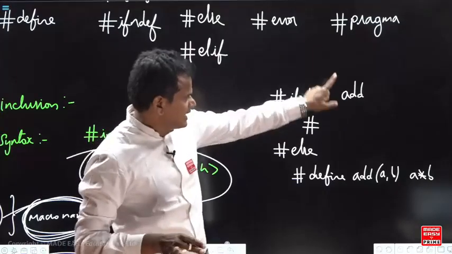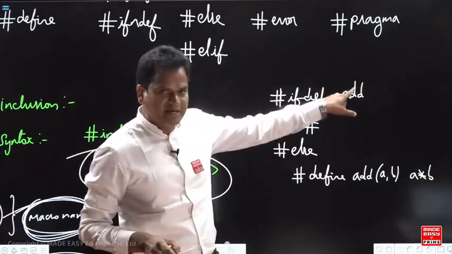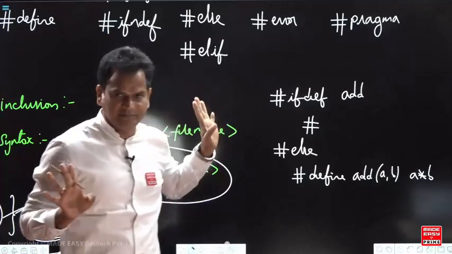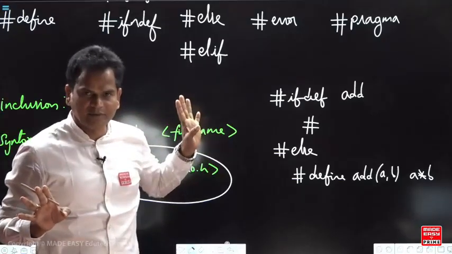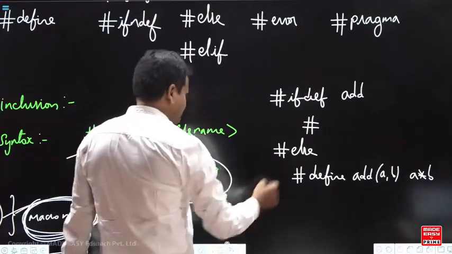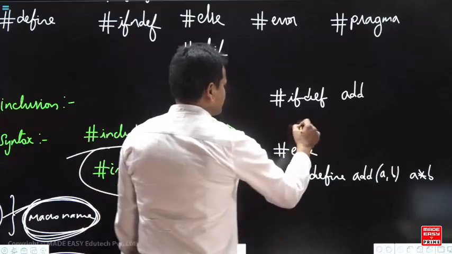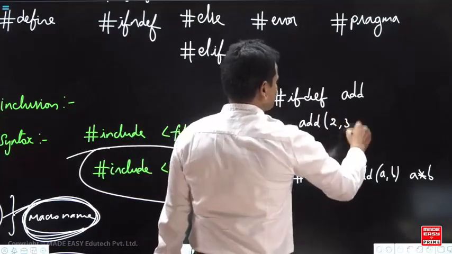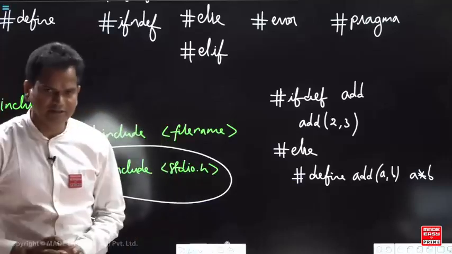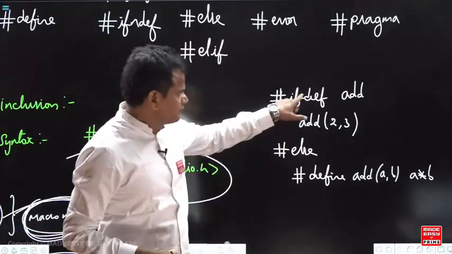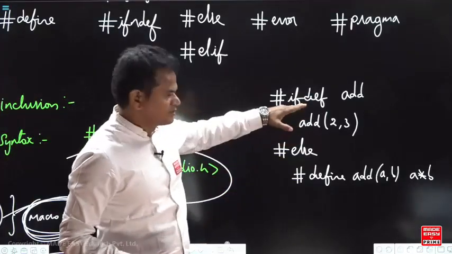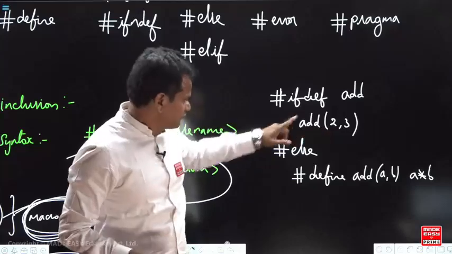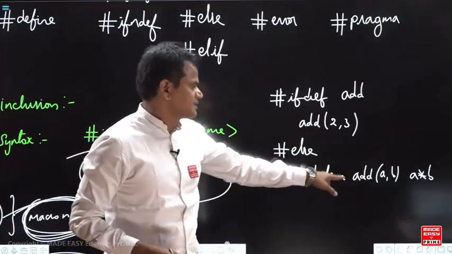If you already have defined a macro with name add, then don't do anything. Otherwise, I could call add(2,3) or something. If you have not defined it, #else, then #define add something.